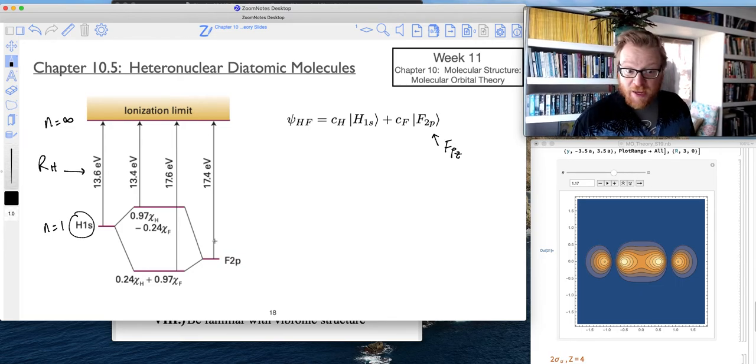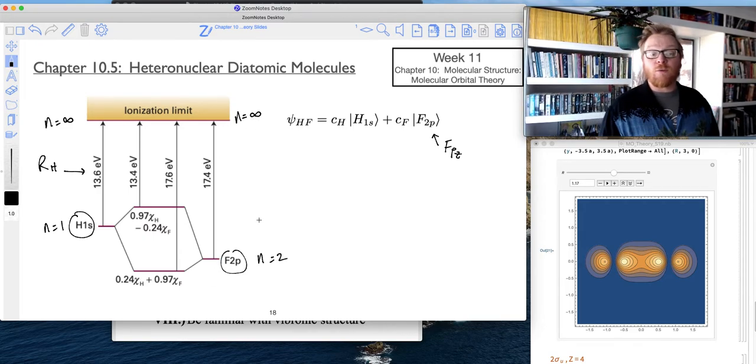And we could do the same thing for fluorine. Down here, this level would be describing the fluorine atomic orbital, not quite n equals 1, because this is the fluorine valence shell, so we'll say n equals 2. But this is still the same reference situation as for hydrogen, the ionization limit, okay?